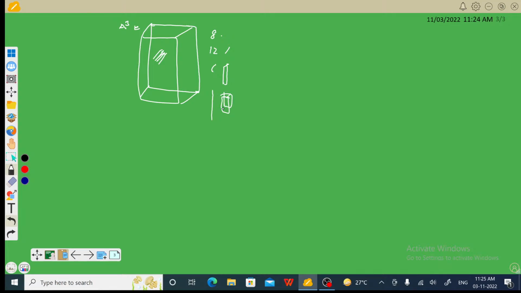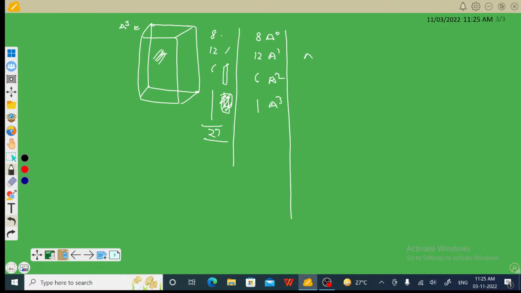So in all there are 27 components. Now if this length is a, we will have 8 a raised to power 0, then 12 a raised to power 1, 6 a square, and 1 a cube. This you see is taking us to a plus 2 raised to power 3.